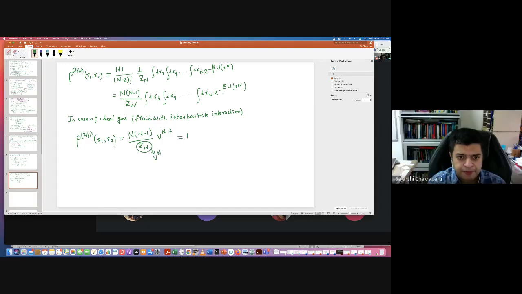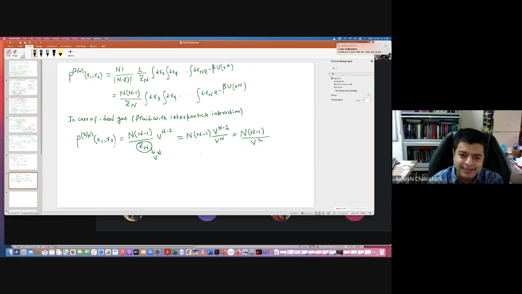So what is going to be the answer? Sorry, let me write it down in a proper way. So if you write it this way, this is divided by V square.